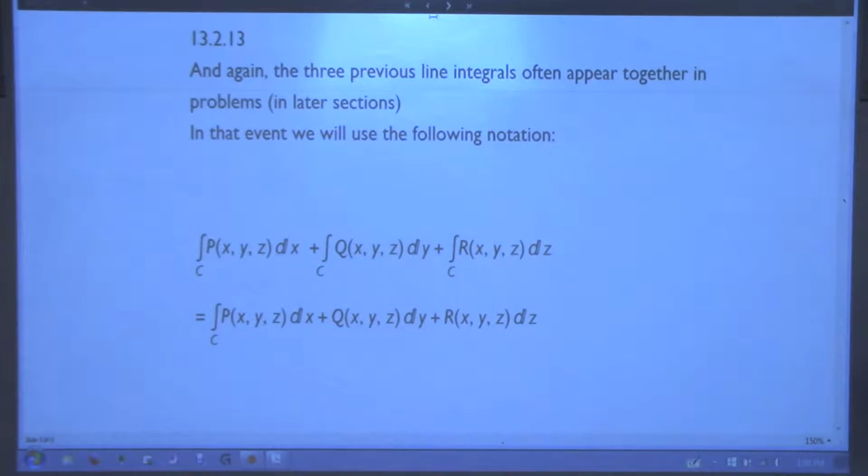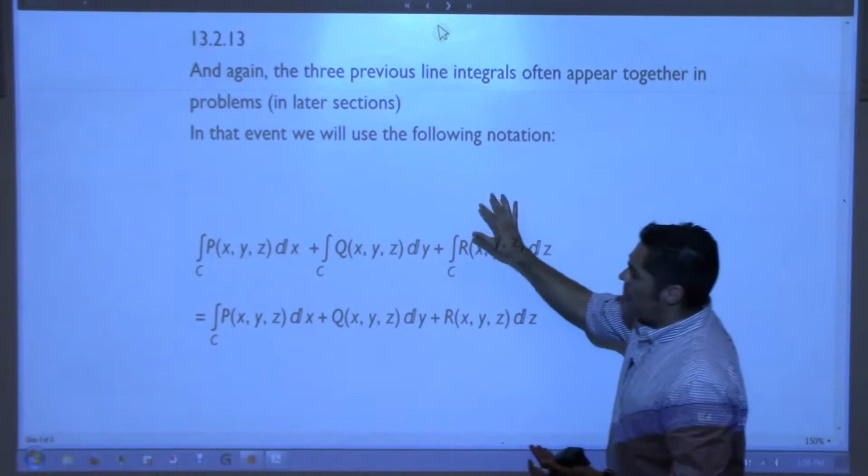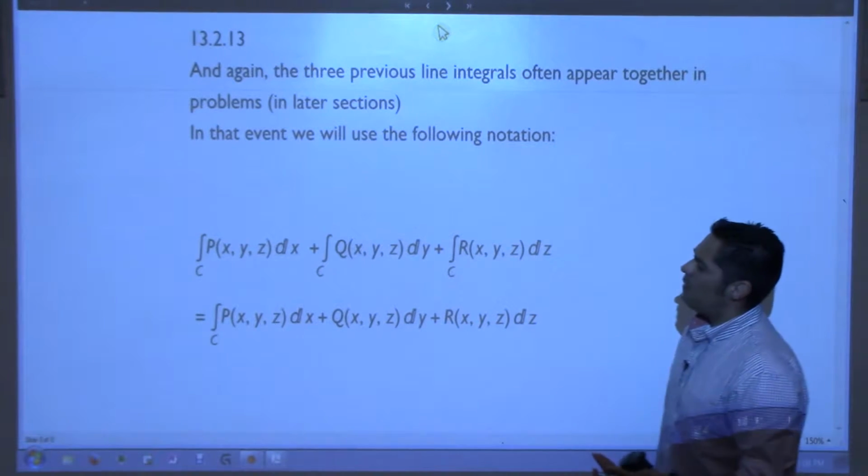So again, the previous 3 line integrals are used in later sections. In the event that we use them, we will use the following notation.